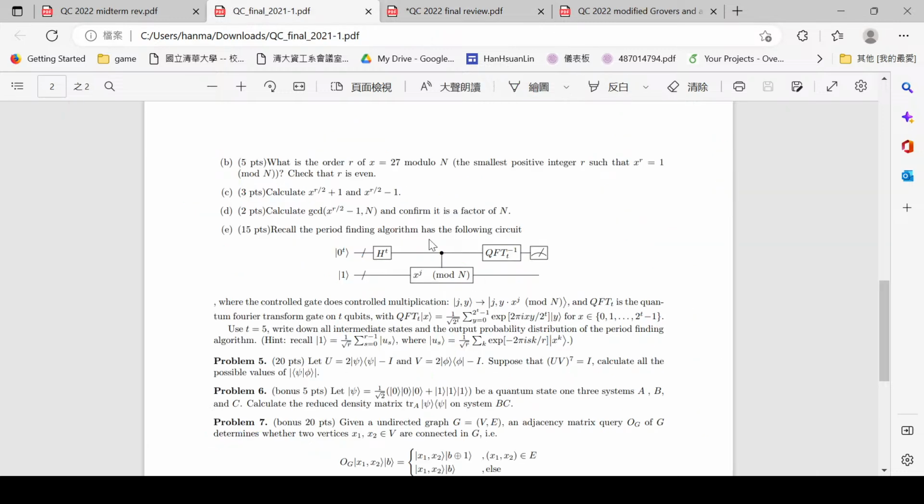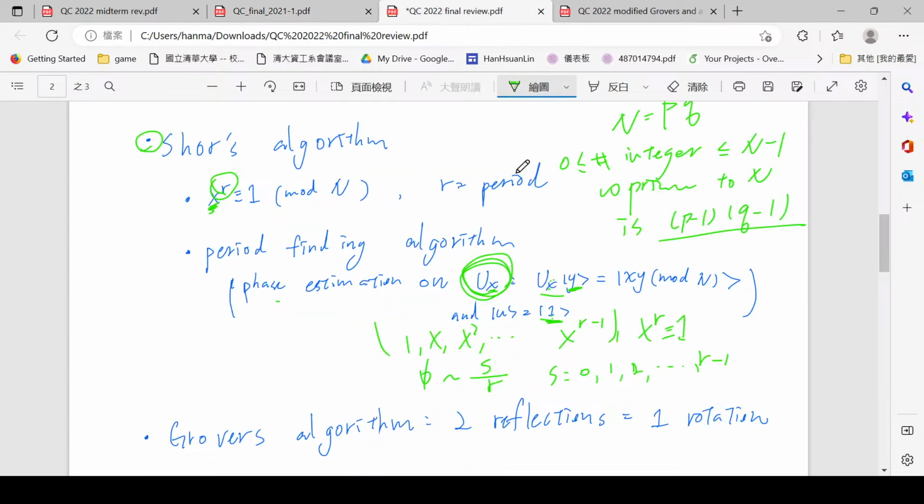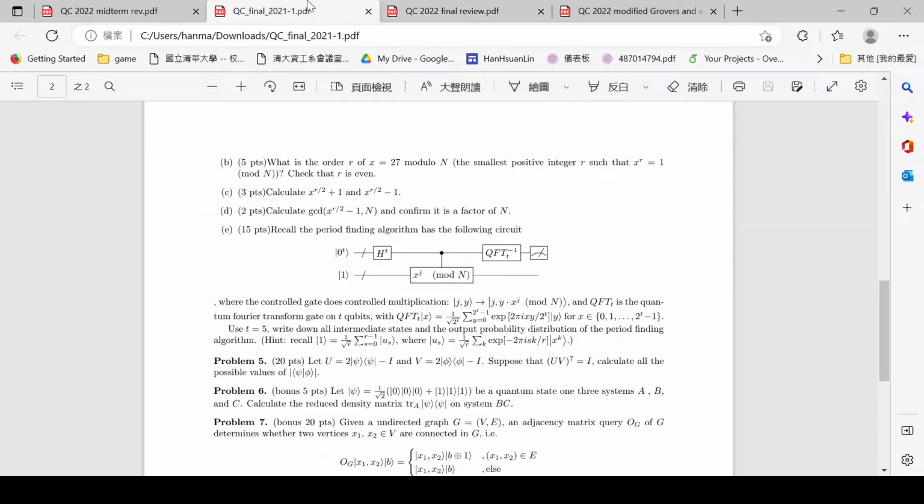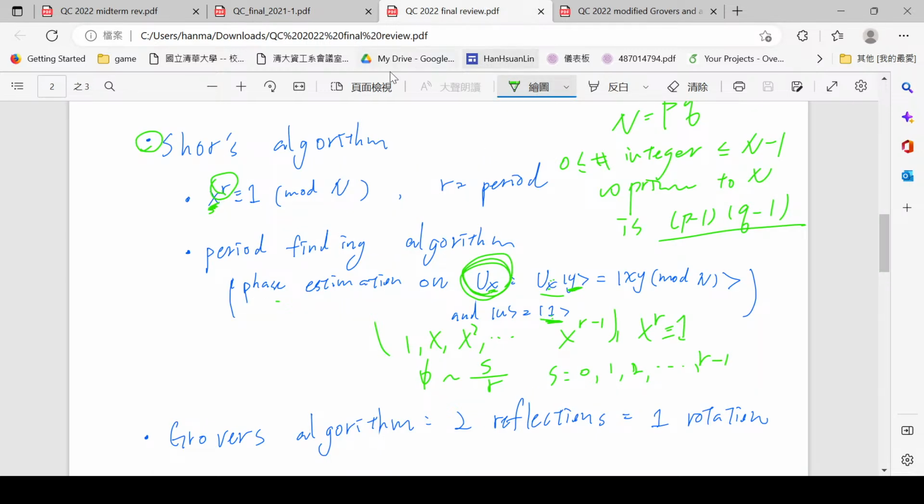So when you do this phase estimation on your U_x, then you will find some random s over r. So that's the idea of the period finding part of Shor's algorithm. And yeah, you will have a question to work out some details. Okay. Question? If not, okay, we can probably finish before next class.